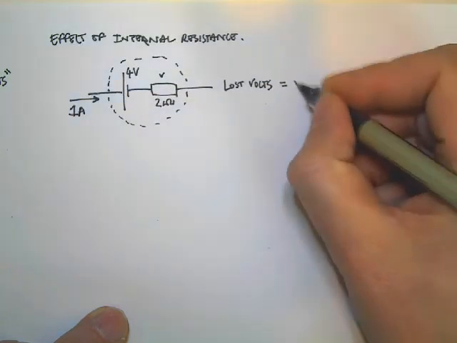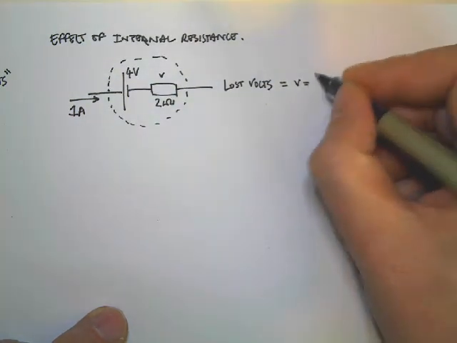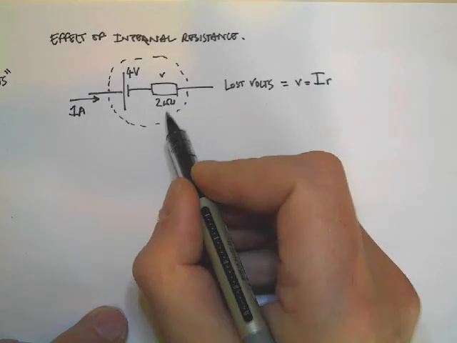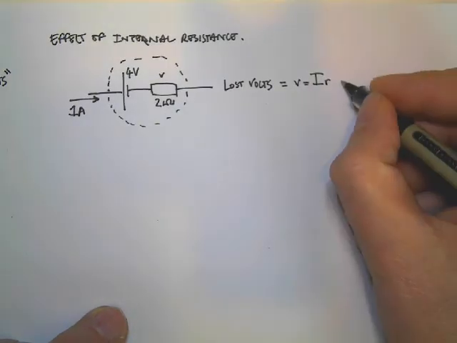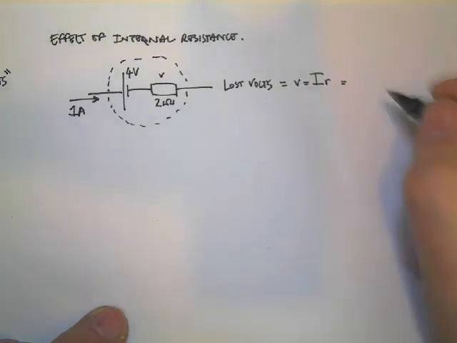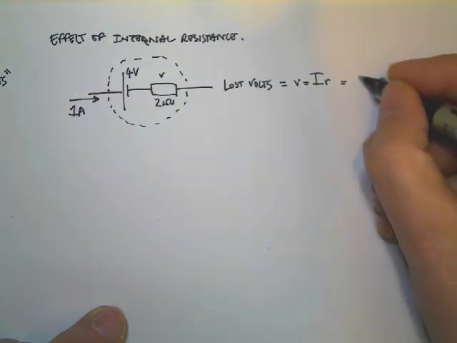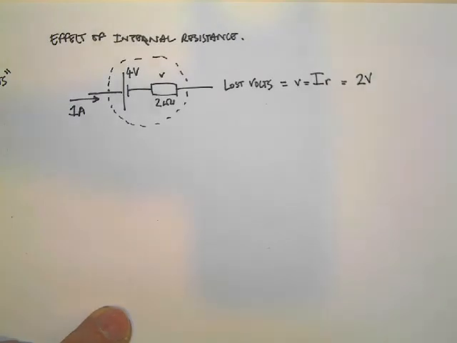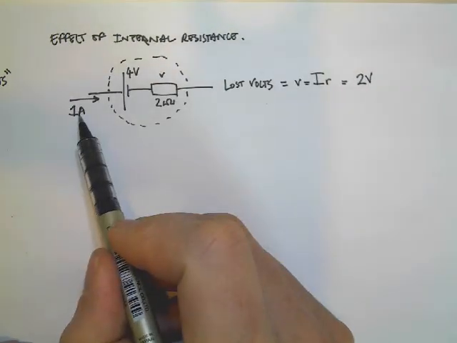and that means the little V here, well, V equals the current in the circuit times the resistance, which is going to equal 1 times 2, equals 2 volts.